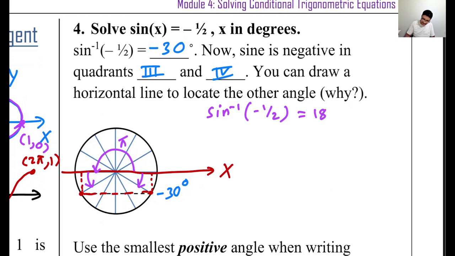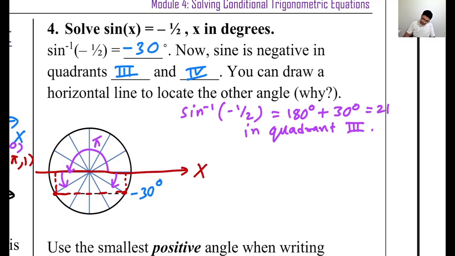Let me write in degrees. 180 degrees plus 30 degrees in quadrant 3. So minus 30 degrees in quadrant 4 and 180 degrees plus 30 degrees in quadrant 3.